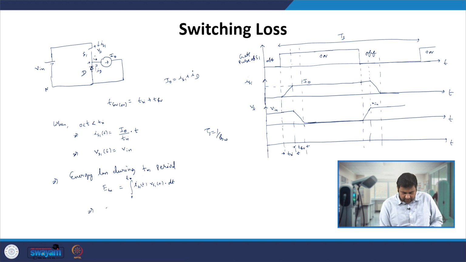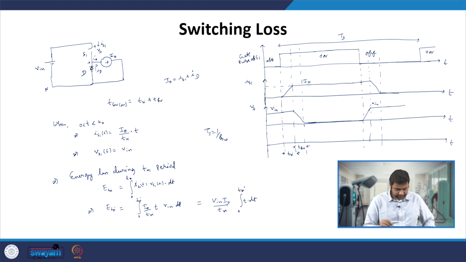So the energy loss during the TRI period, ETRI, is equal to the integral from 0 to TRI of I naught by TRI times t, times Vin, dt. That will be Vin I naught by TRI, with the integral of t dt from 0 to TRI.